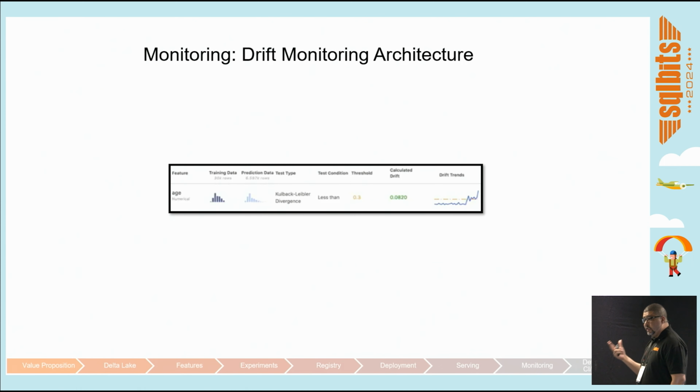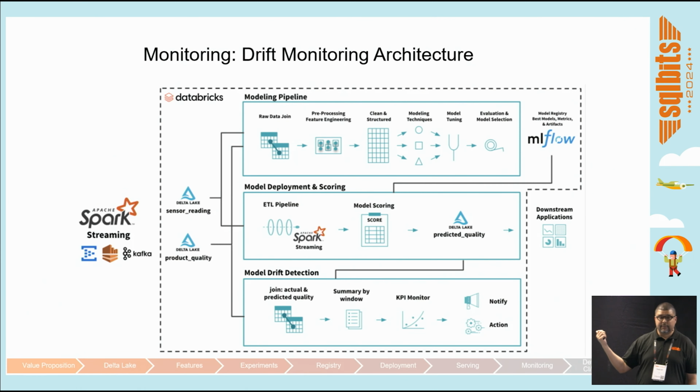We can start very small, for example, just building a dashboard, something very simple, using Databricks SQL, just identifying the drift trends of the data. Or we can build something very complex like this here, which monitors the drift of the data and the drift of the model.